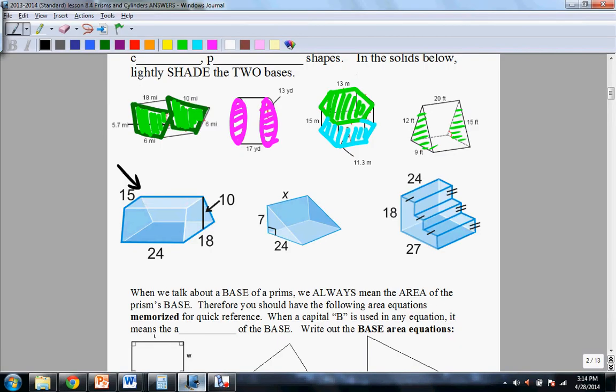Okay, let's take a look and see how you did. So in this case, those would be the bases. In this case, these right triangles would be the bases. And in this case, this stair step and its match on the other side, those are the bases.